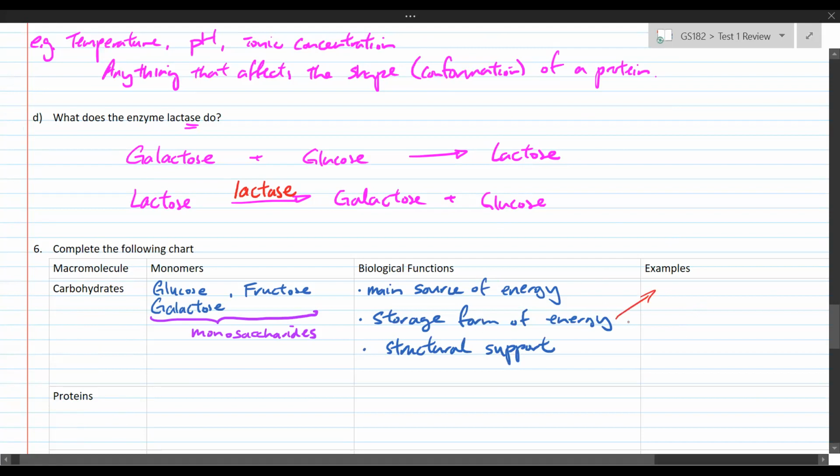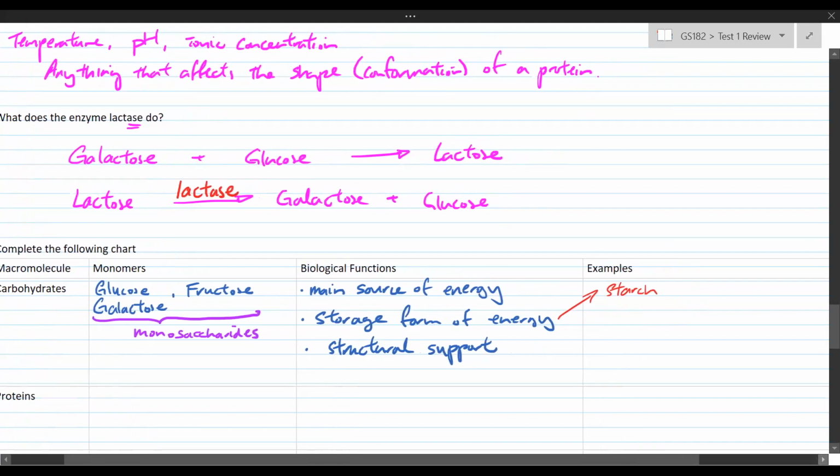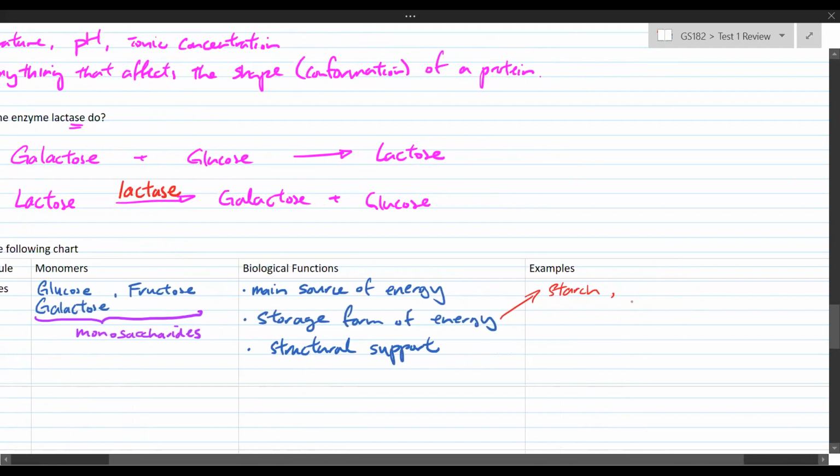For storage, we have starch in plants, in the roots and the stems. And in humans, we can also store energy in the form of glycogen, in the muscle and liver. Okay? Starch in stem and root, glycogen in muscle and liver.